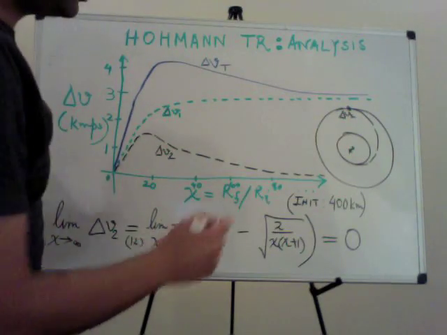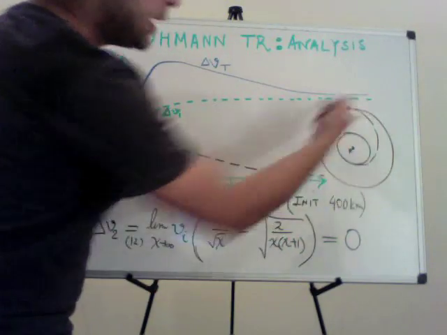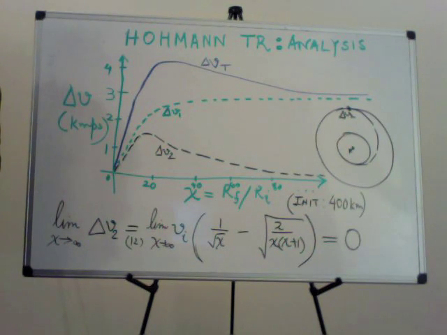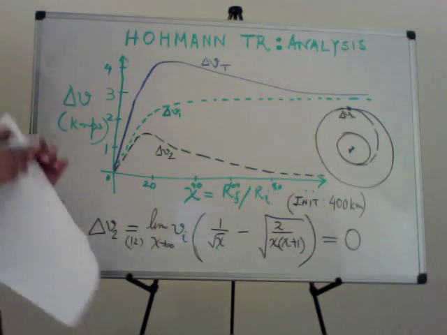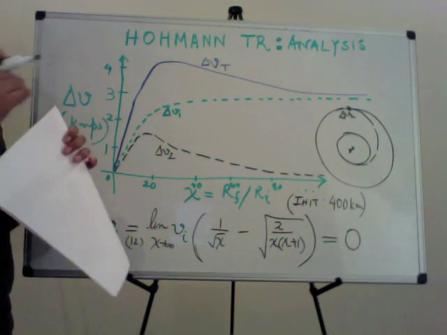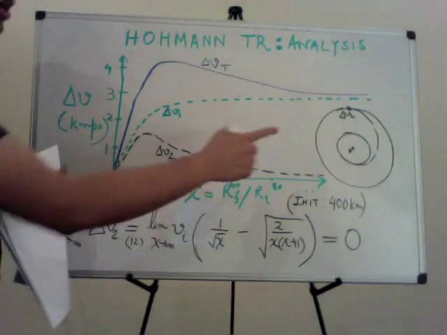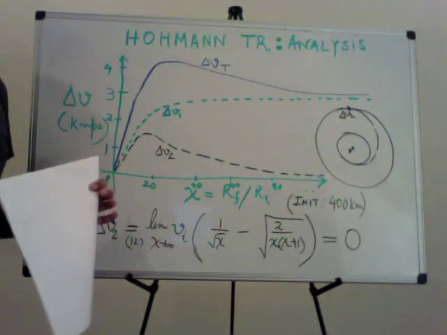And also the speed on this final orbit is going to be also 0, right? Because if you remember, the speed on a circular orbit is square root mu over r. Now this r, which is rf, is infinity.